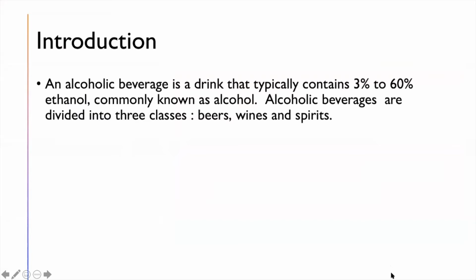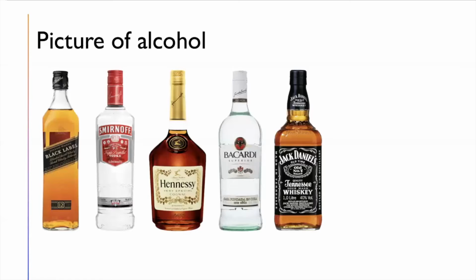Different types of beer, wine, or malt liquor can have very different amounts of alcohol content. For example, many light beers have almost as much alcohol as regular beer, about 85% as much. That's why it's important to know how much alcohol your drink contains. Here is a picture of different alcohol.